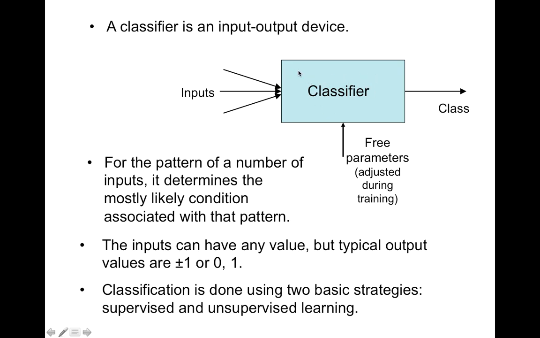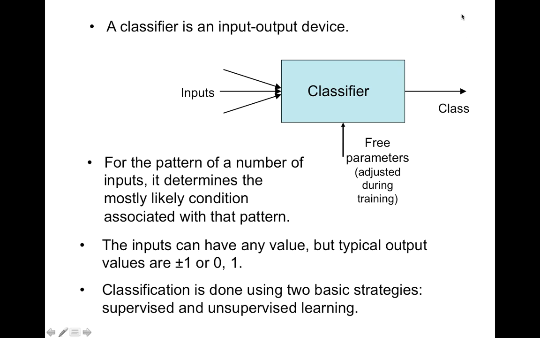So here's just a block diagram of what was previously discussed. You have your classifier, you have some inputs, you have some free parameters, and then your output basically identifies class. Typical outputs can be plus or minus 1, or 0 or 1, or 1, 2, 3 if you have more than two categories.